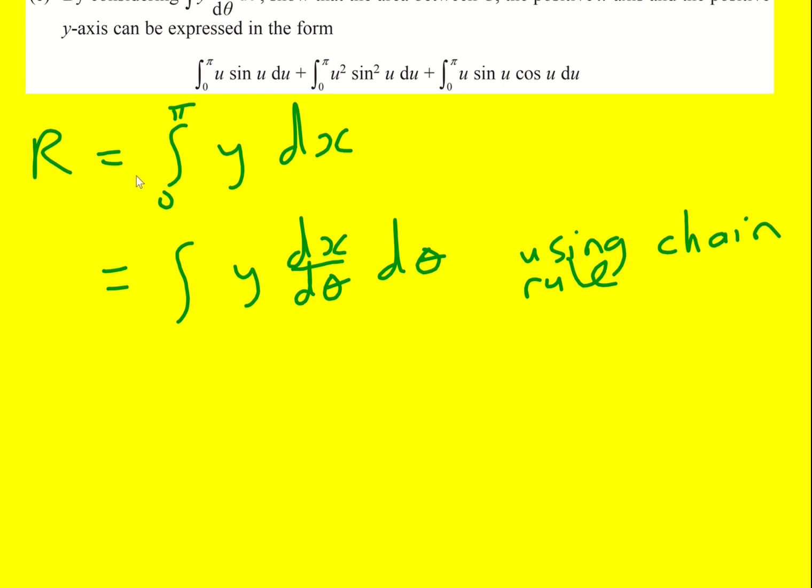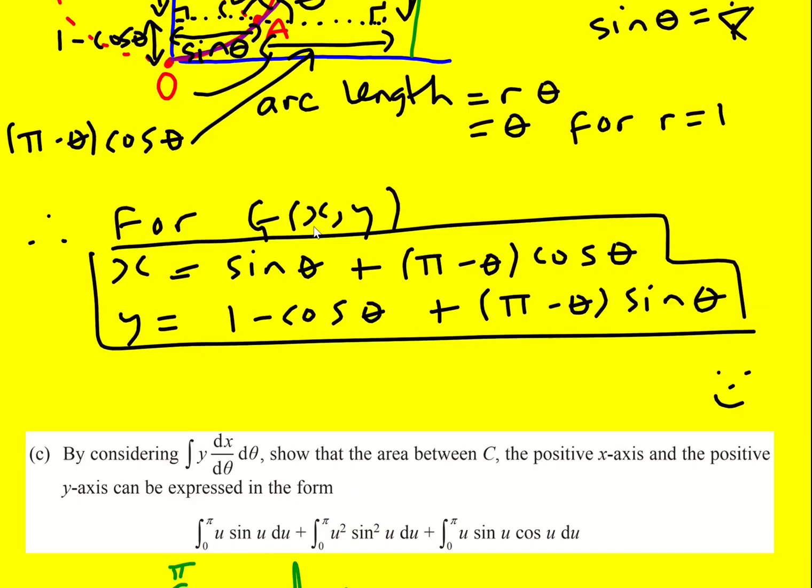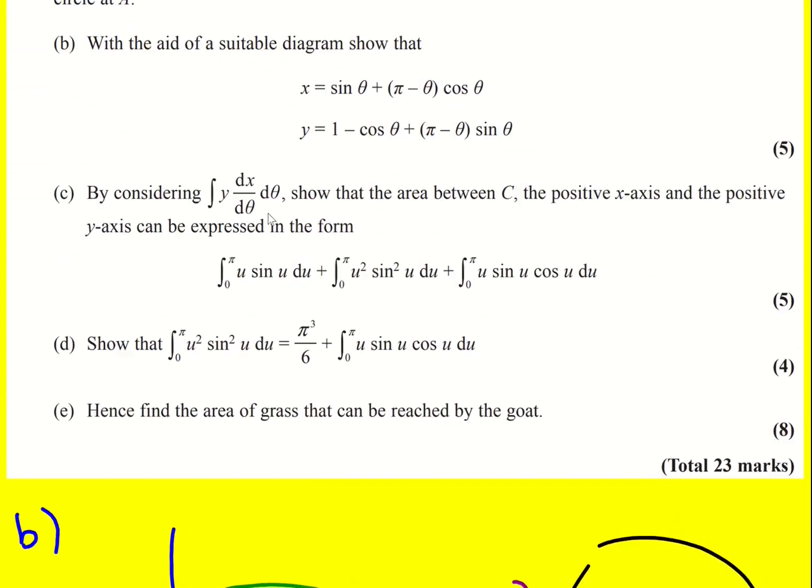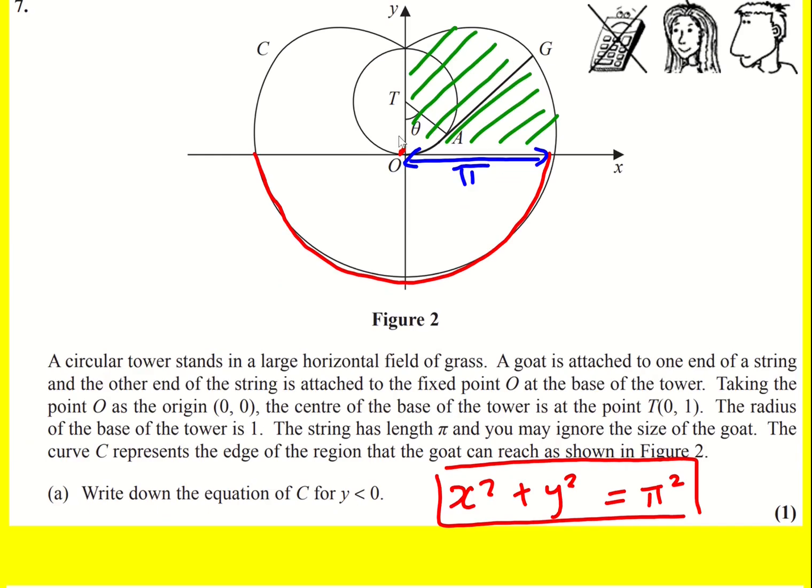Now I need to think about what values of theta I get when x is 0 and when x is pi. Well, returning to the original diagram, when x is equal to pi, we are going straight from O along the horizontal axis. And theta will be going straight down from here to here, so there won't be any angle.